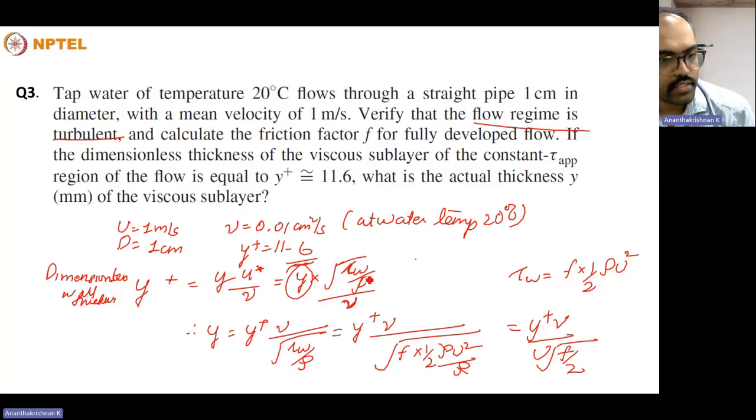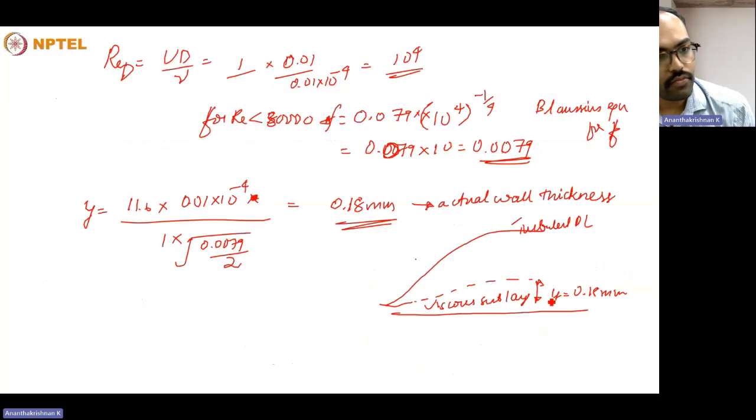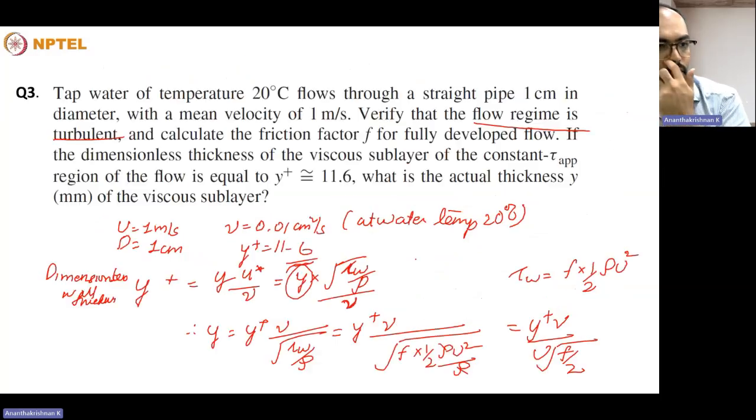It takes into consideration the shear velocity, which is dependent upon the shear stress. So the shear stress is a function of the friction factor and the velocities. The local friction factor F is given by the Blasius equation, and that is dependent upon the local Reynolds number.